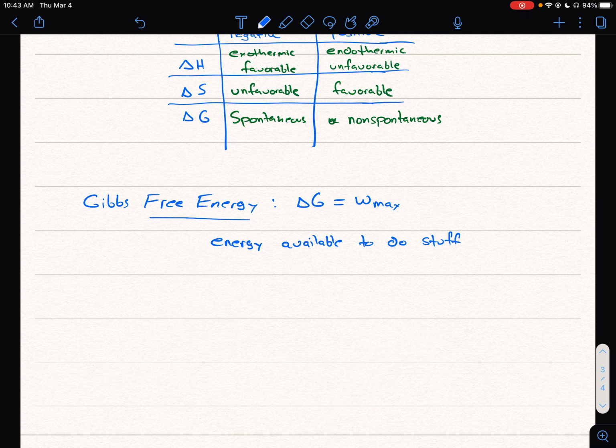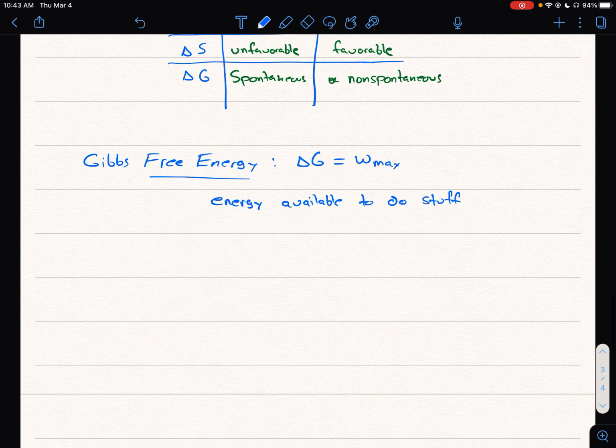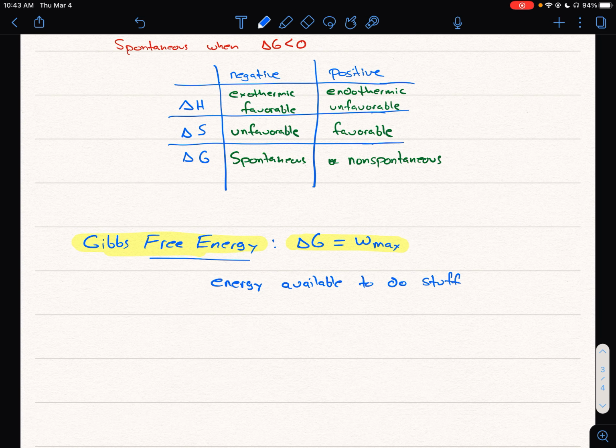If it's in our body, it might build a protein or move a muscle. If it's in a car, that's the energy we can transform into movement. That negative delta G is the energy available to do stuff, and that's where the power of Gibbs free energy is. Now we have a way of calculating it with our equation.